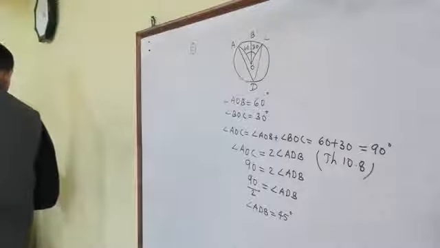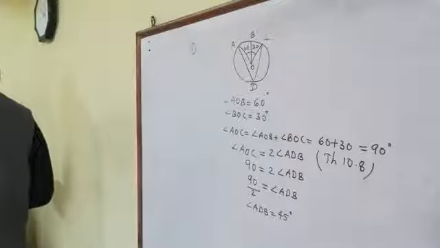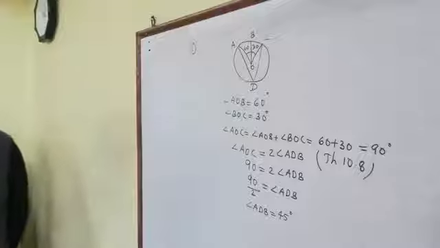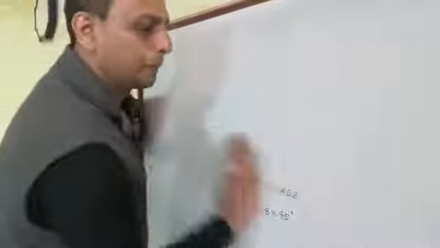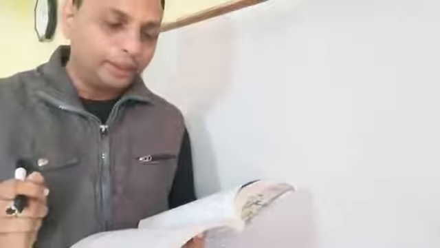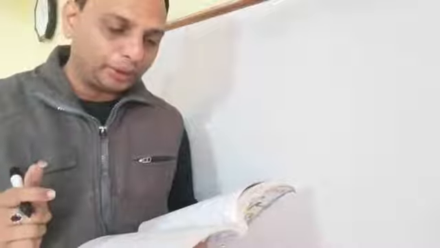Now we see exercise 10.5 question number 2. It is given that the chord of the circle is equal to the radius of the circle.